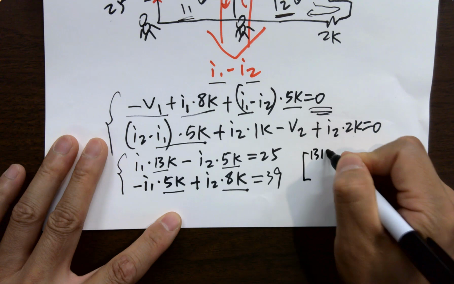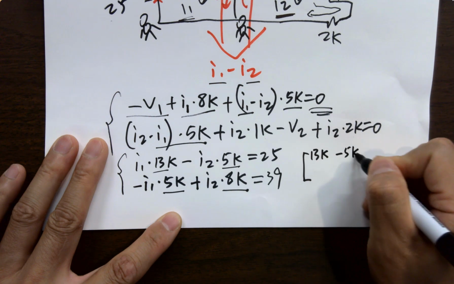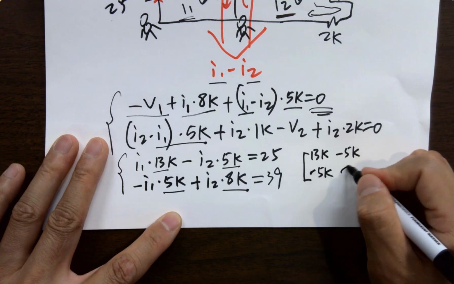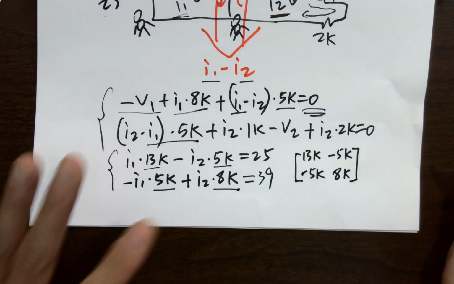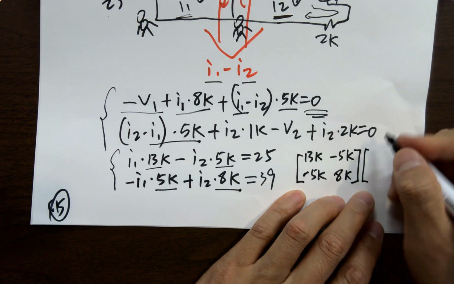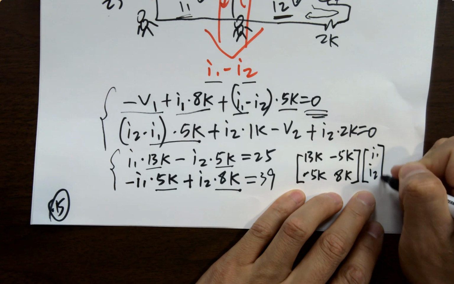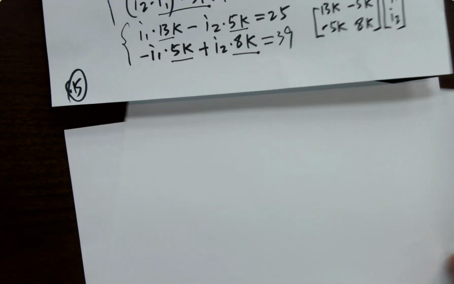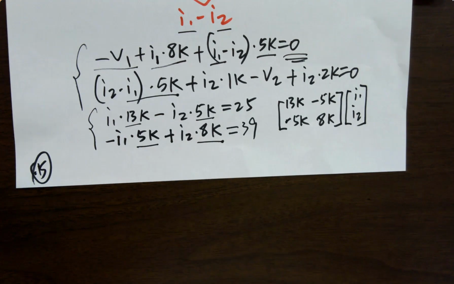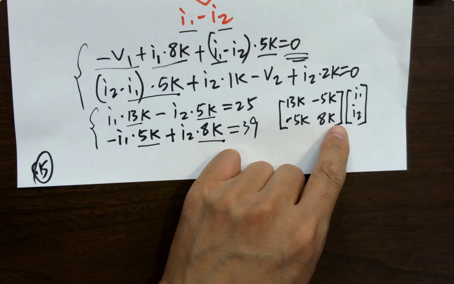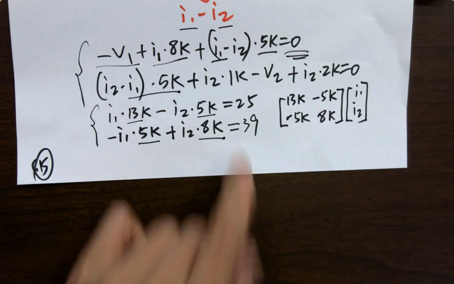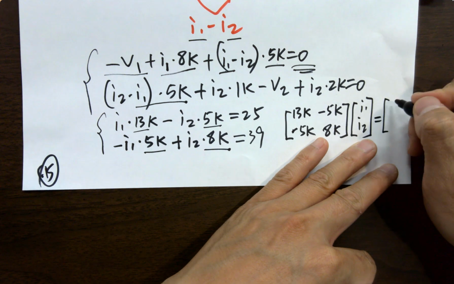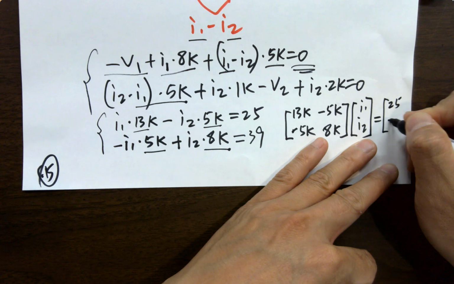The coefficients 13K, minus 5K, minus 5K, 8K. Take the sign with it. Matrix multiplication, I1, I2. I'm going to show you how to do it. If I write it down this way, this is the same as whatever is on the left hand side of the equation, and this equals what? Equals this. It's a column matrix, 25. It's a vector actually.